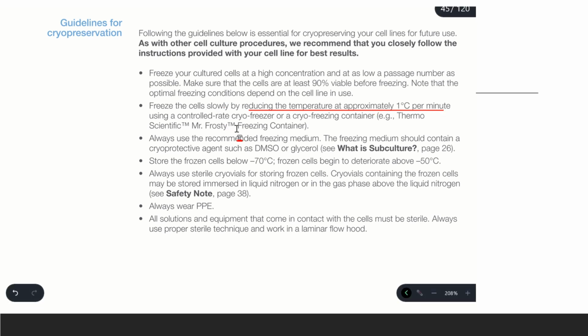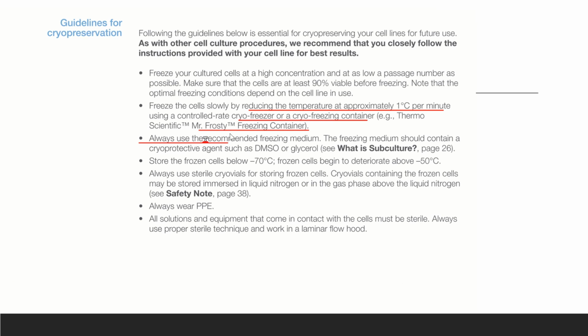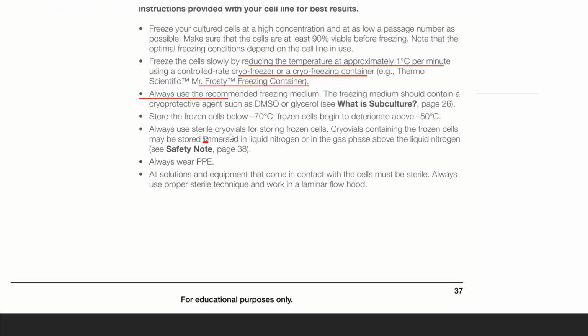So we use a controlled rate cryo freezer or cryo freezing container. We've got Mr. Frosties in the lab, and that will allow the cryo vials to be frozen down slowly at a rate of 1 degree Celsius per minute, which is exactly what we need. You have to know that information for your quiz.